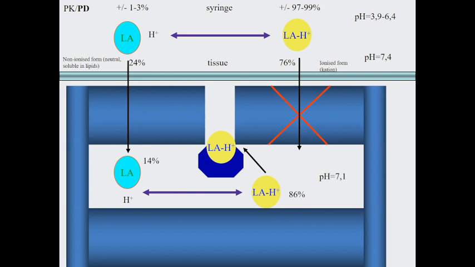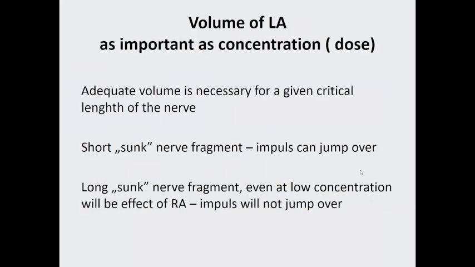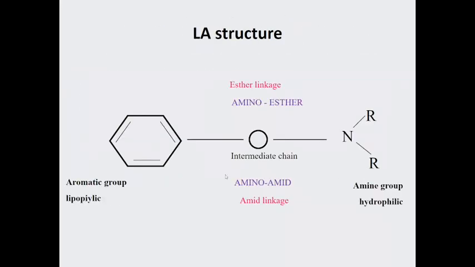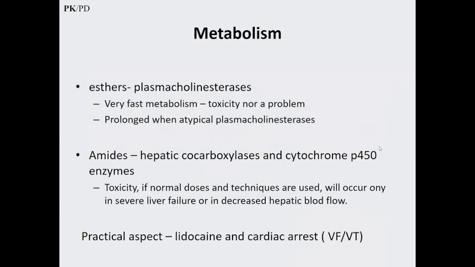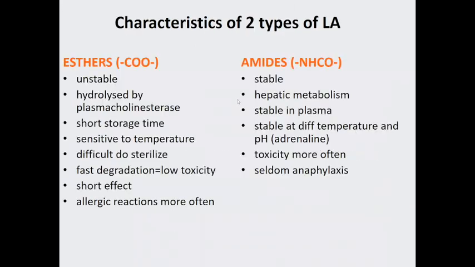And we have two main groups of local anesthetic. One group is called amide local anesthetics, and the other are ester anesthetics, depending on the intermediate chain between the aromatic group and the amine group. And the characteristics are different depending on whether it's ester or amide.